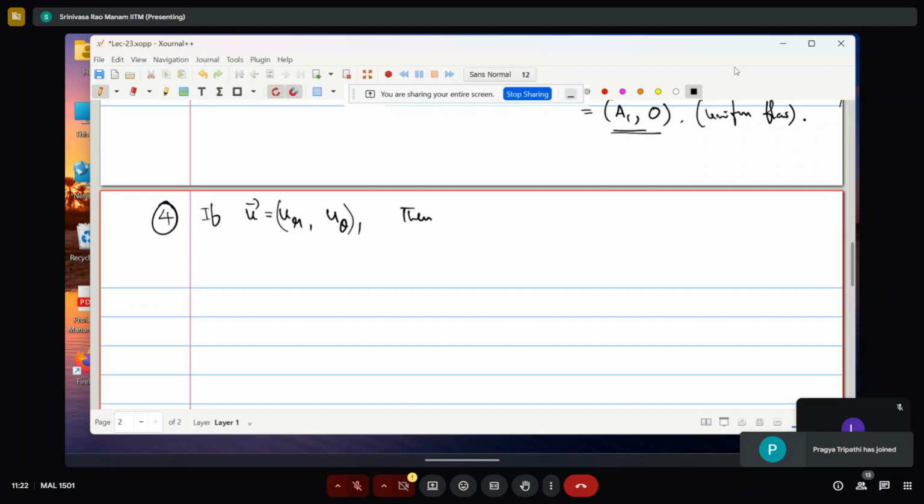If they are in Cartesian coordinates, you know what is the stream function. In this case, what is the stream function? U r equal to 1 by r dou psi by dou theta, and then U theta equal to minus dou psi by dou r, where psi is the stream function.